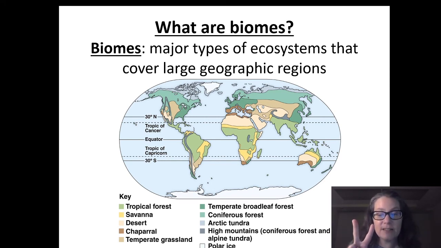But the two big ones are annual precipitation for an area, so the amount of rainfall and snowfall, etc. an area gets. And then the second thing is the annual temperature for an area. So how hot and cold the area gets.